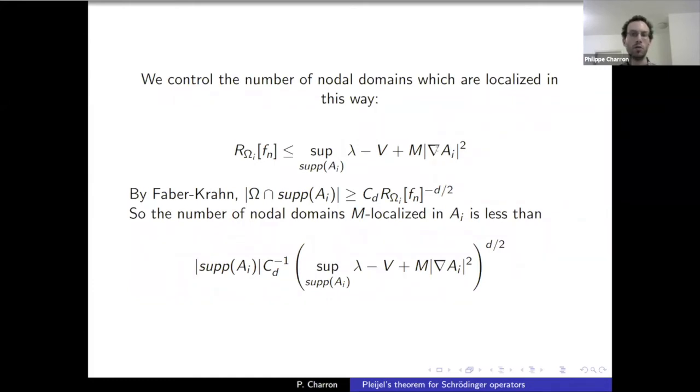So then again, what you obtain at the end is that the number of nodal domains which are m-localized in one element of the partition is bounded by the volume of the region divided by the minimal volume of each nodal domain inside, so omega intersect with the support of AI.